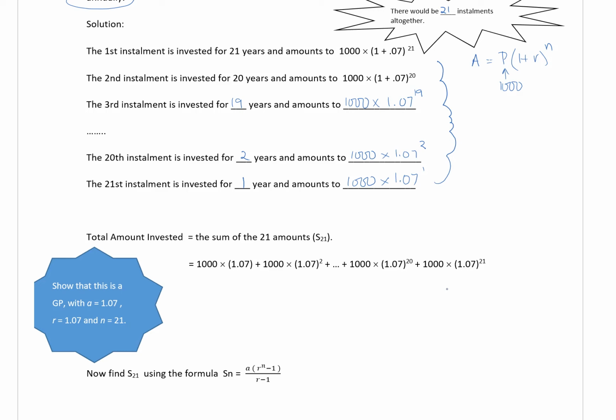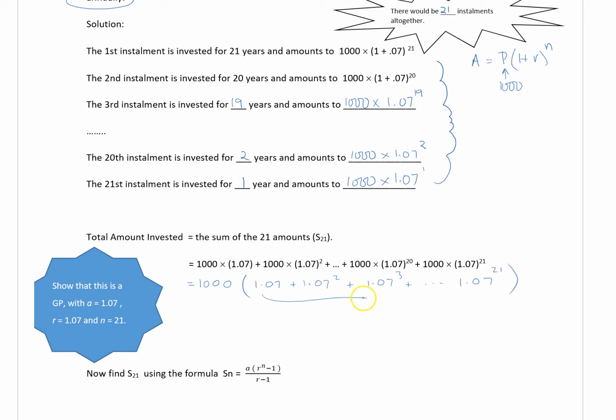If I was to take out the $1,000, then I would have 1.07 plus 1.07 squared plus 1.07 cubed, up to 1.07 to the 21.